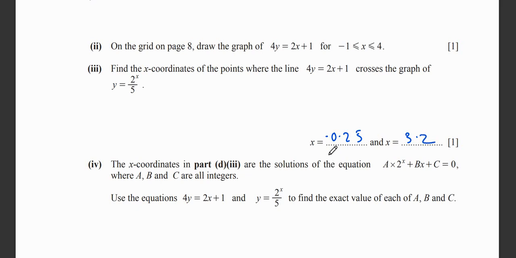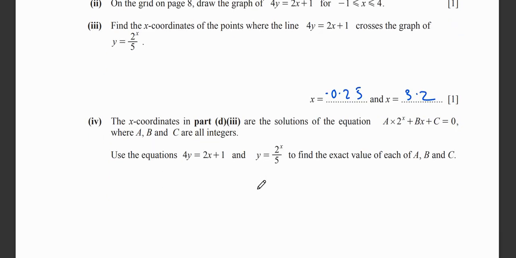Alright guys. Now moving on to the next part, it says that the x coordinates in part D3 are solutions of the equation where a, b and c are integers. Use the equation 4y is equal to 2x plus 1 and this equation to find the exact value of a, b and c.